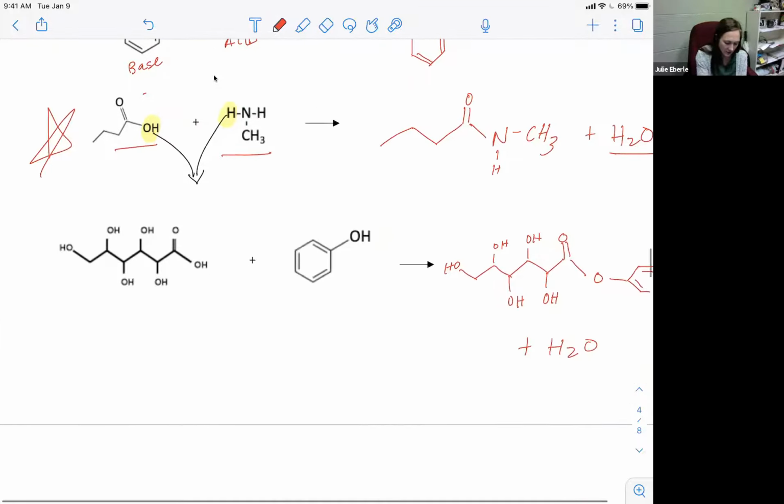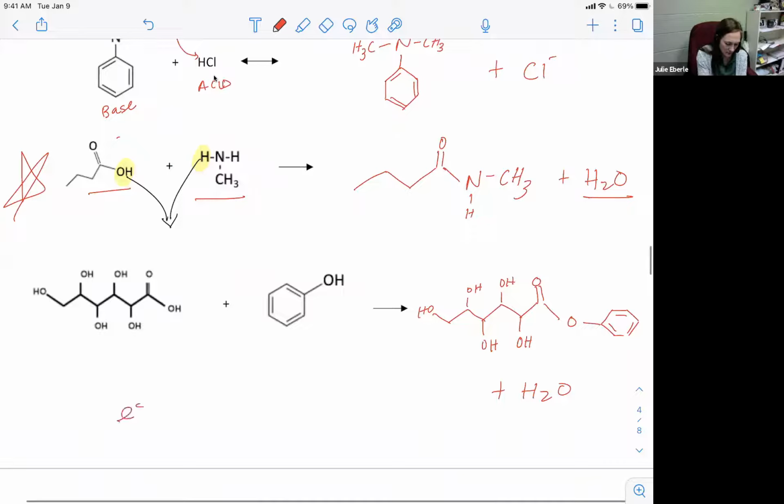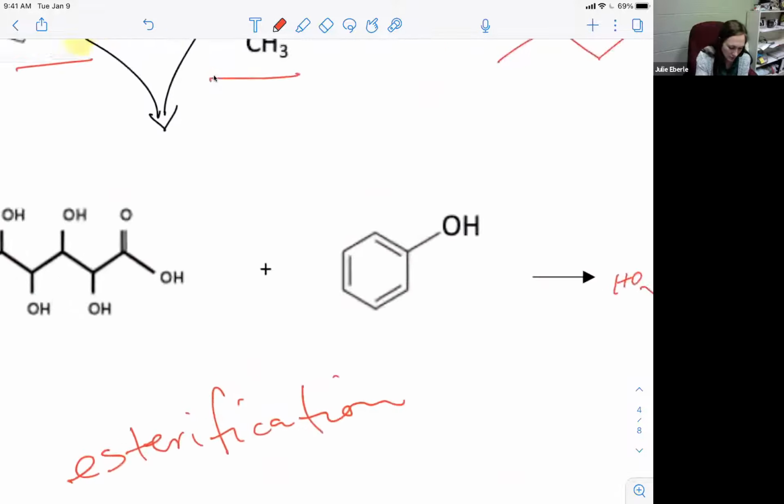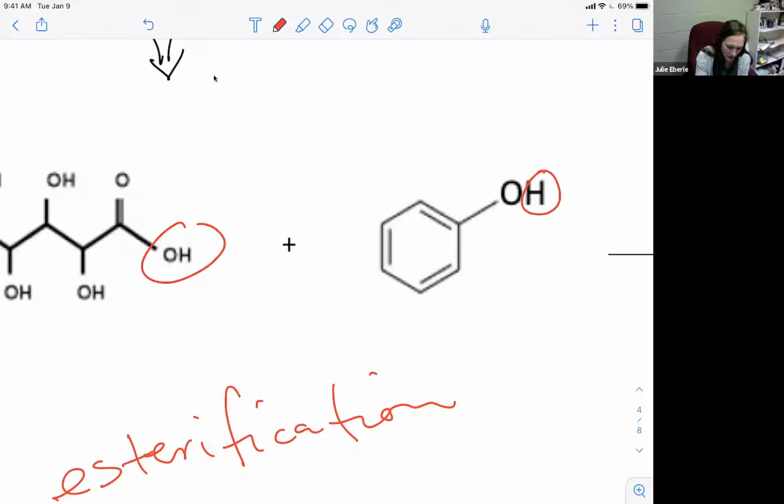Okay, this is an esterification. All you're doing is, again, you lose water: this OH goes, and this hydrogen goes, and you get water.